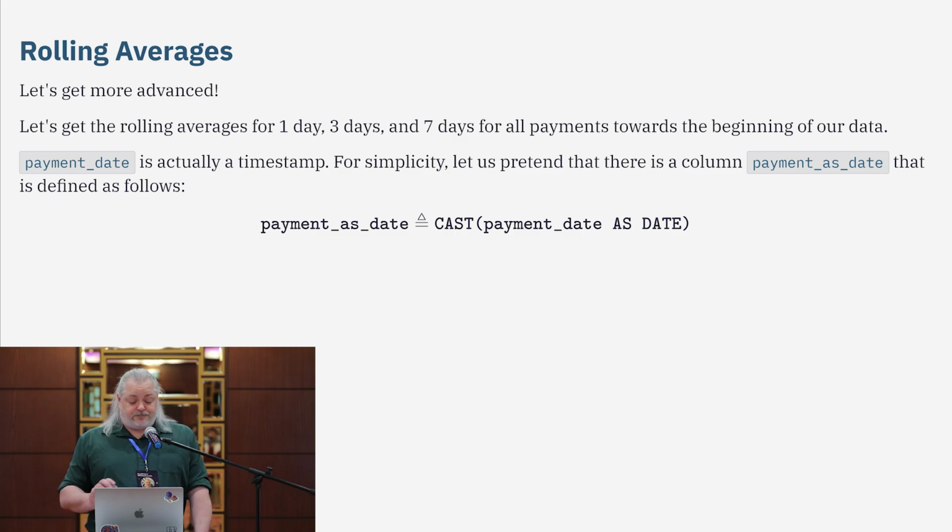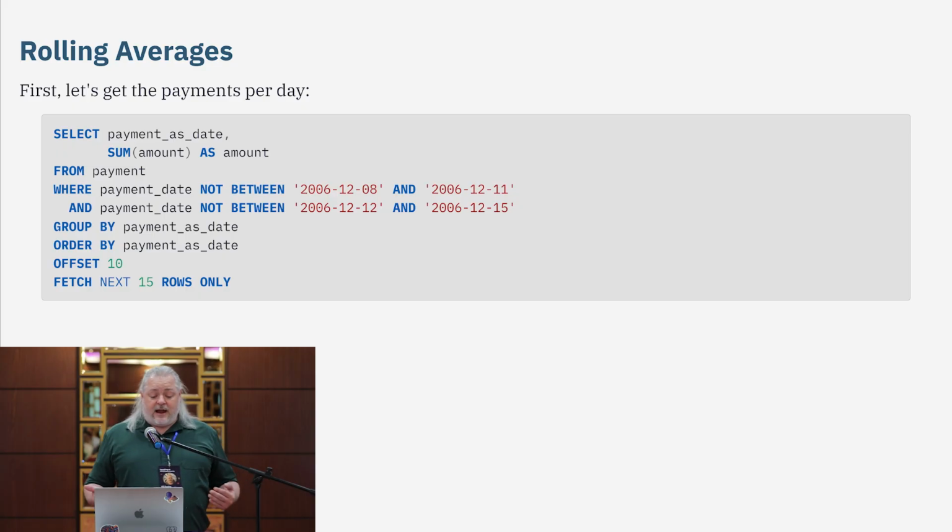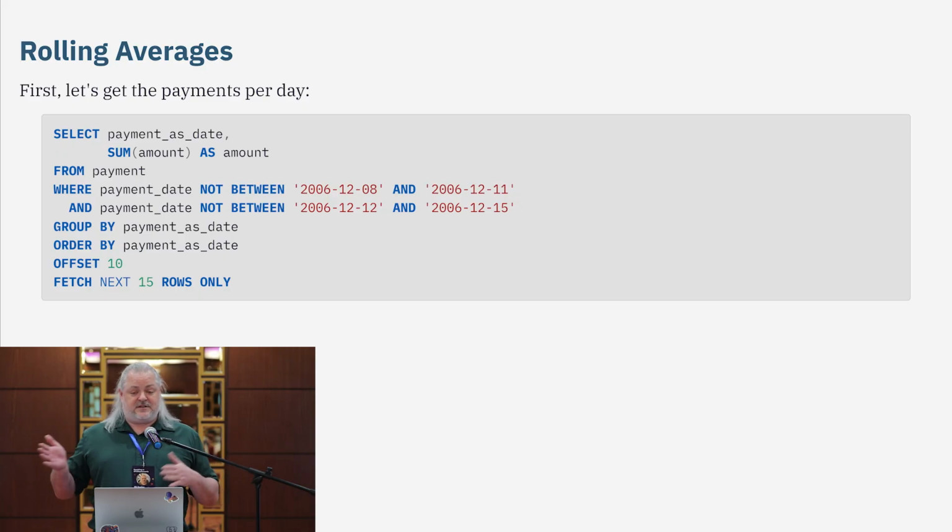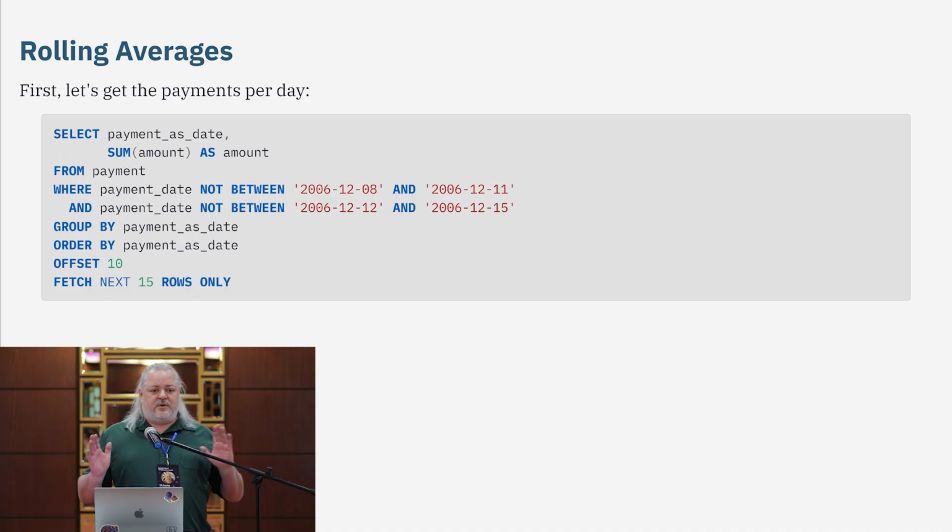So here we have a rolling average of, should be AVG, not SUM. Sorry, this is a mistake on my slide. So it's the average amount, not the sum amount, of the payments. And I'm doing an OFFSET 10, FETCH NEXT 15 ROWS ONLY, because I want 15 rows in the example, because that fits nicely on the slide. But I also want the averages to be realistic.